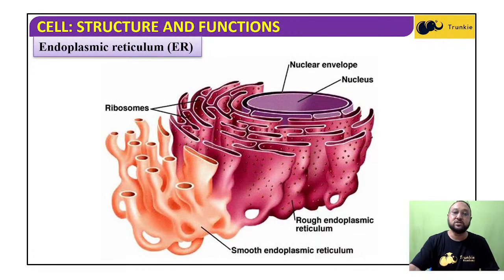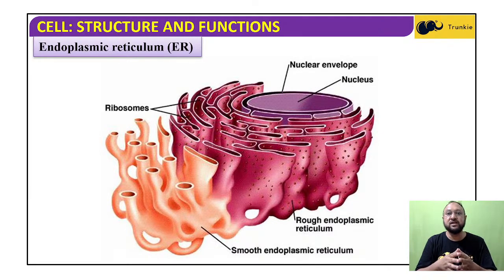Now, the endoplasmic reticulum is one of the most important parts of the cell, or you can say cell organelle. You can see the picture is very clear. The nuclear envelope is shown in purple, that is the nucleus. This endoplasmic reticulum is attached to the nucleus, and there are some granule-like structures, small and spherical, that are the ribosomes.